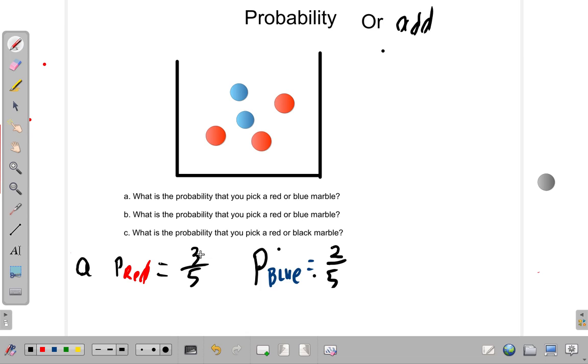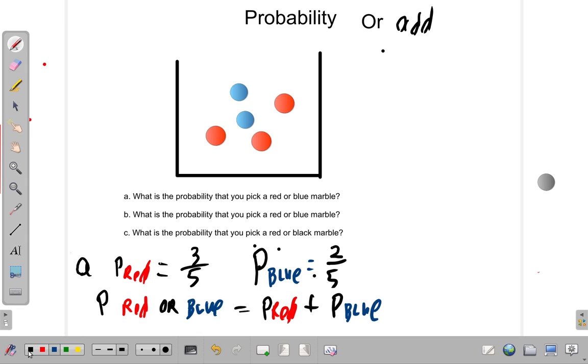Now let us add the 3/5 and the 2/5. So probability of red marble being picked or of blue marble being picked is equal to the probability of it being a red plus the probability that the marble is blue.